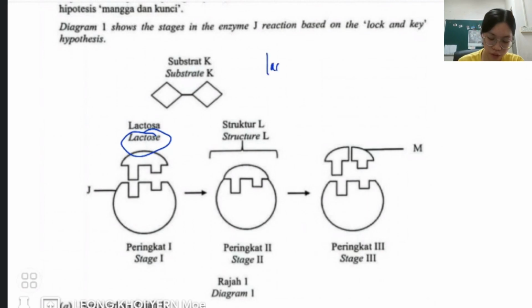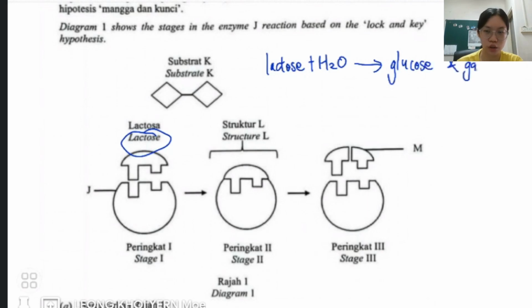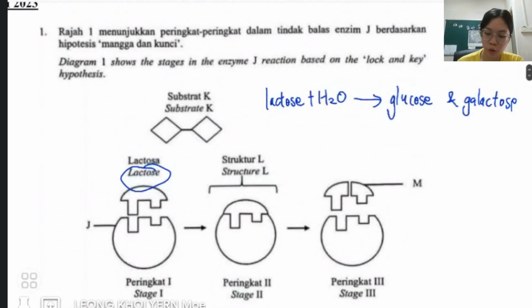So when the lactose is being hydrolyzed, it will form glucose and galactose. So what is the enzyme that catalyzes this reaction?